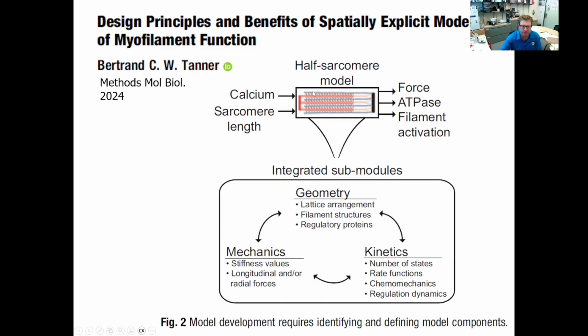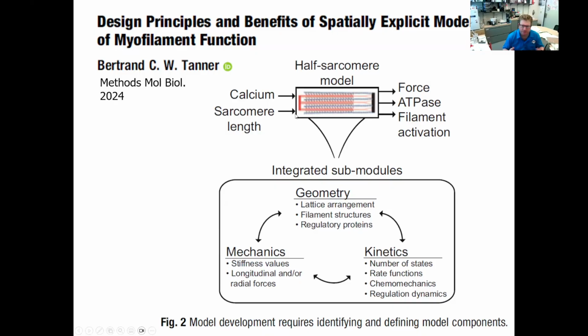A lot of what I'm showing you today is modeled in a half sarcomere, and that takes advantage of the symmetry around the M or the Z line, where you only model half of it and assume that's what the whole sarcomere might be doing.